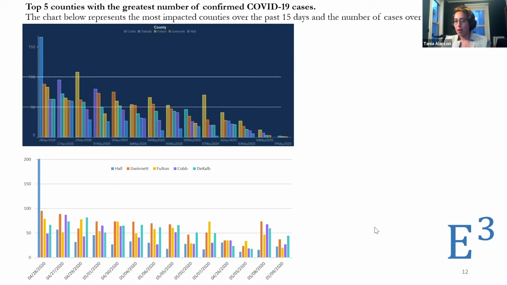You will see that some departments of health, when it comes to COVID, have opted, instead of reporting the cases on the date that they occur, to report the cases when the test result came back. So it could be that the test was collected a week ago, but they report when the results came back.